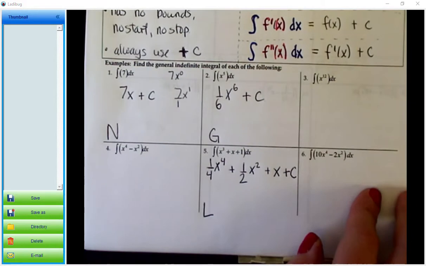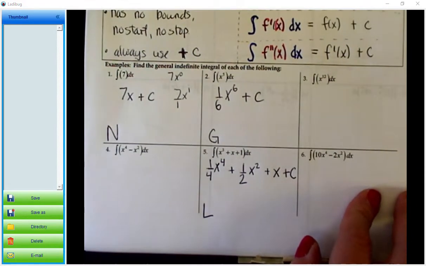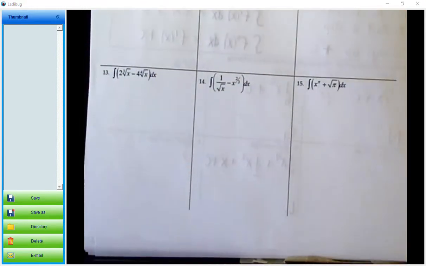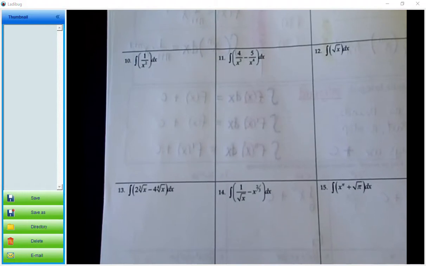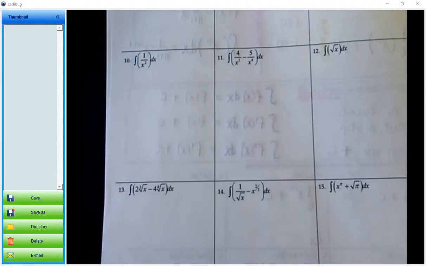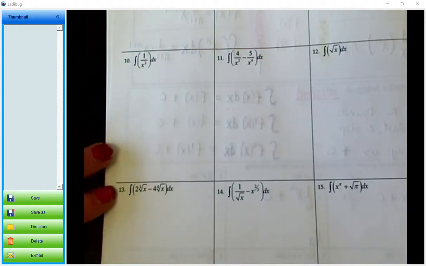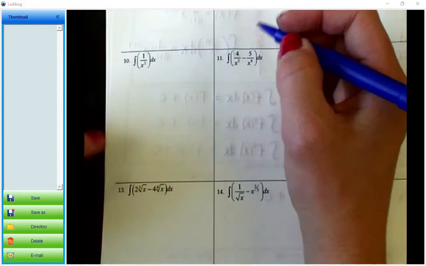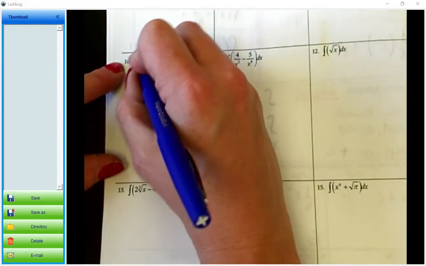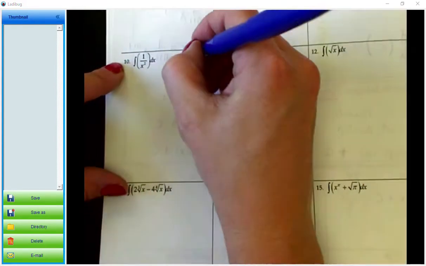All right, let's go ahead and flip over to question 10. I'll do a few and then give you a little bit more time to work. We're going to do 3 questions. We're going to do 10, 11, and 13. Okay, so notice that this is not the power format.